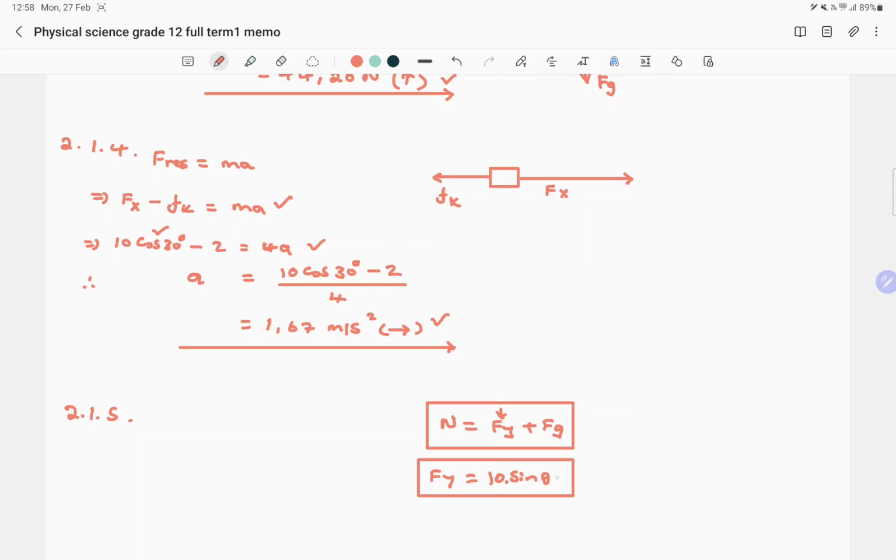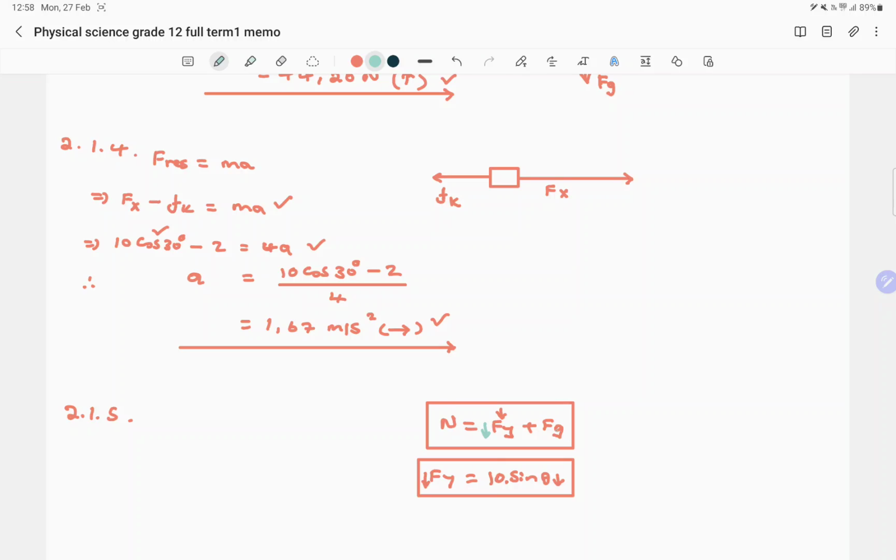Now, if you're decreasing theta, the sine decreases, meaning this product becomes smaller. And as a result, this one is going to become smaller. So in effect, what are we doing here? We're basically reducing our Fy. As a result, what happens to the normal force?